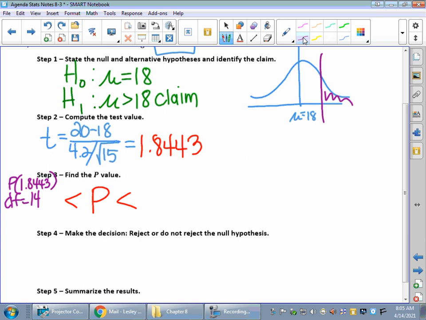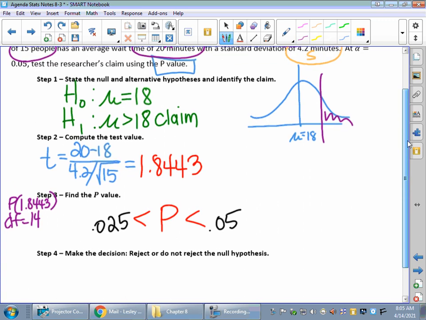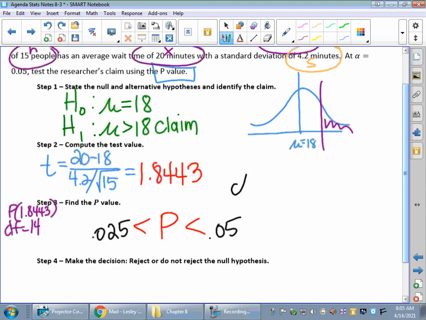So let me move this over. 0.025 and 0.05. So that's what's shaded. I already know from my problem that alpha is equal to 0.05. So this shaded area right here is 0.05.